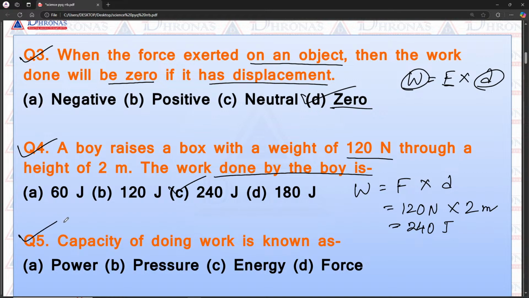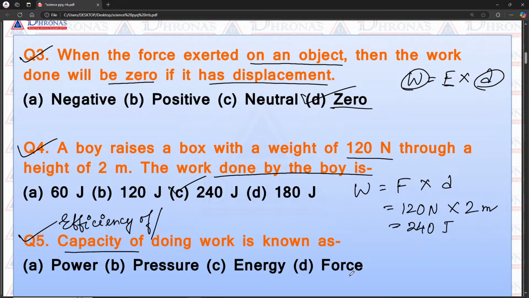Next question is capacity of doing work. कोई भी काम करने की capacity, या फिर sometimes it is also known as efficiency of doing work. Efficiency of doing work or capacity of doing work एक ही चीज है. Option A power, option B pressure, option C energy and option D force.